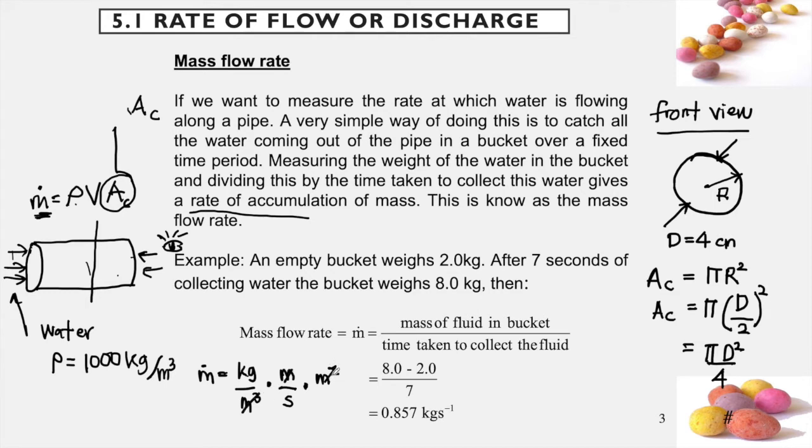So meter times meter squared gives meter to the power of 3, which cancels out with the meter cubed. Therefore, your unit for mass flow rate is kilogram per second. That is the calculation for mass flow rate.